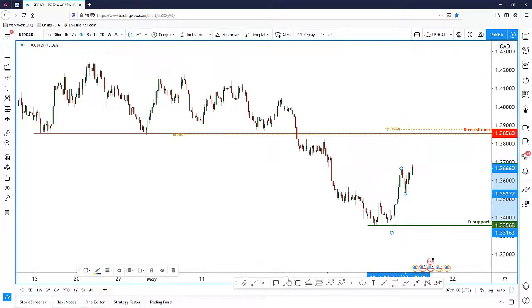And we see that the 100% extension falls in line with our daily resistance level, and we can expect price to make a push up to this level here. Graphically speaking, we have a support level over here, which I can consider our 4 hour support.